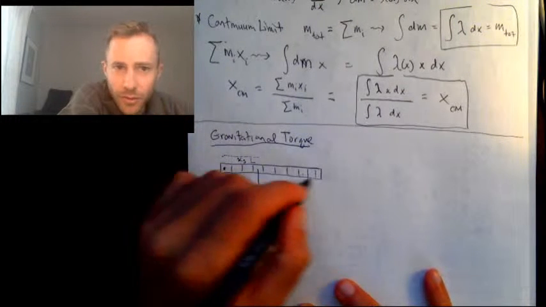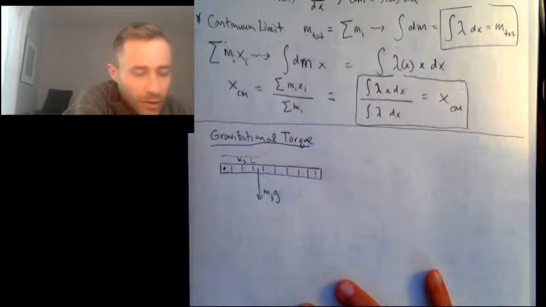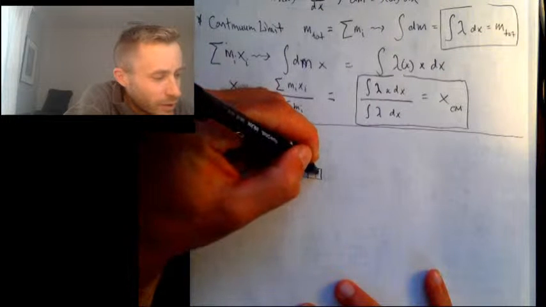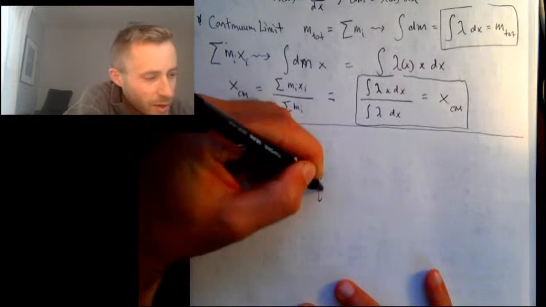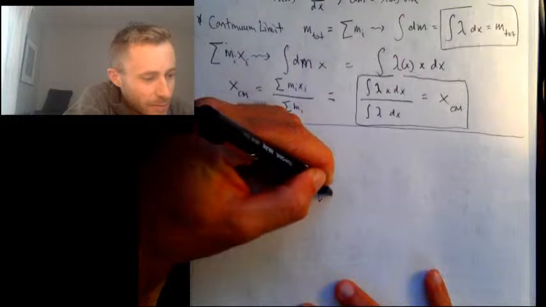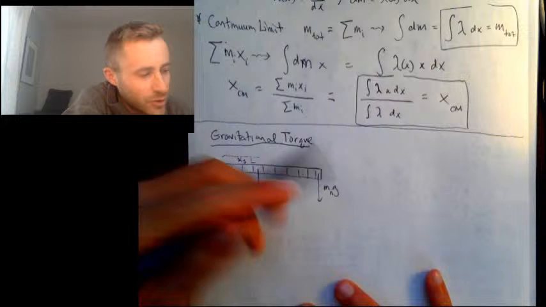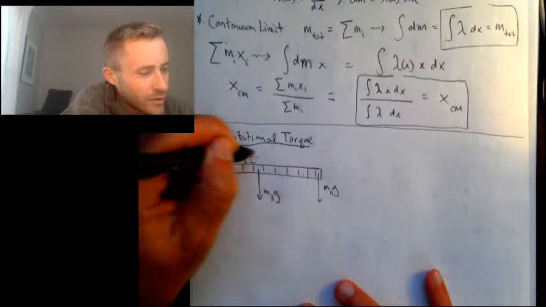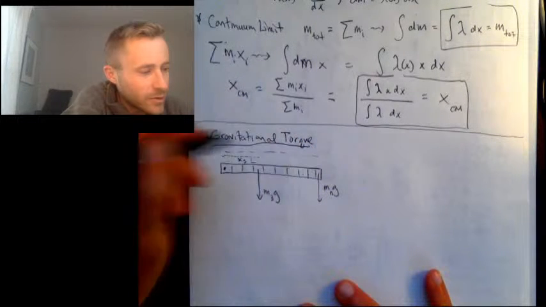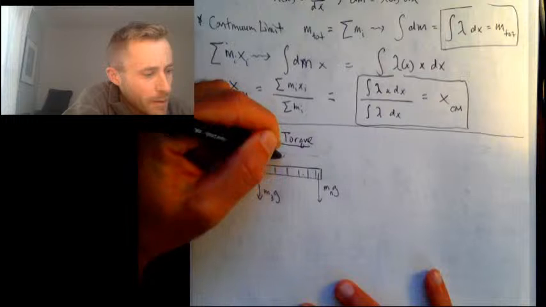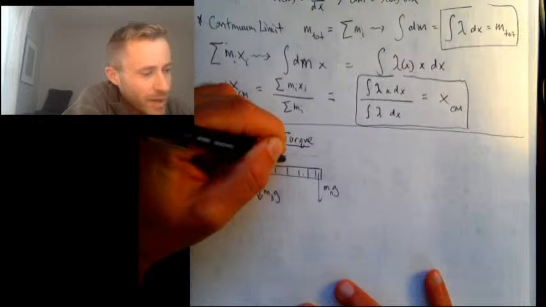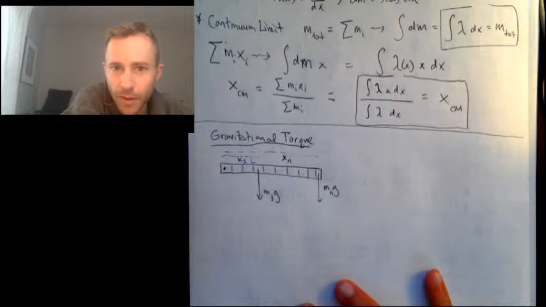You can do this similarly for all the parts of the beam. Here's the end part. It has a mass m_n, its weight force would be m_n times g, and that force acts a distance x_n away from the pivot.